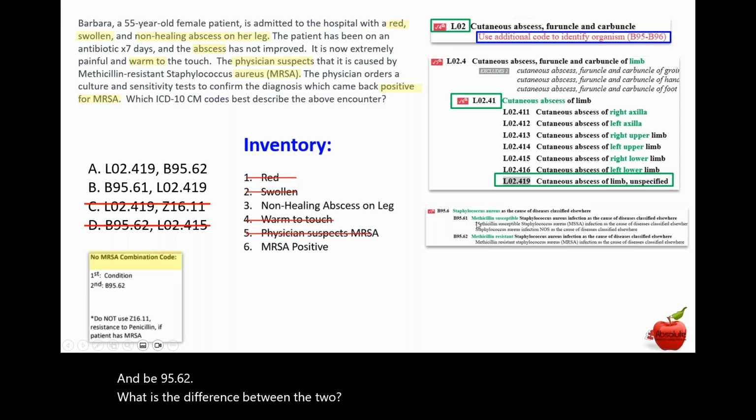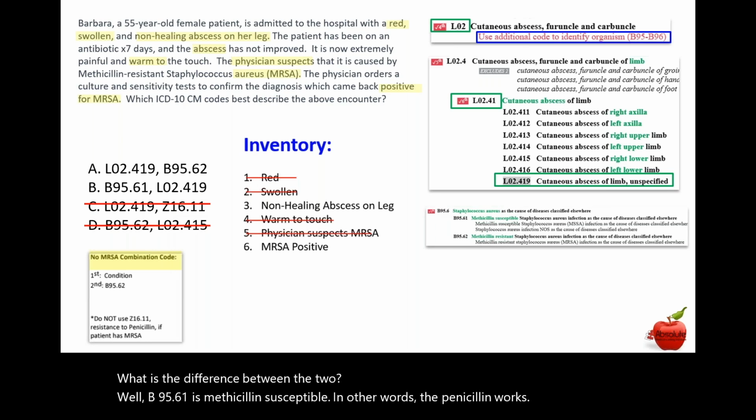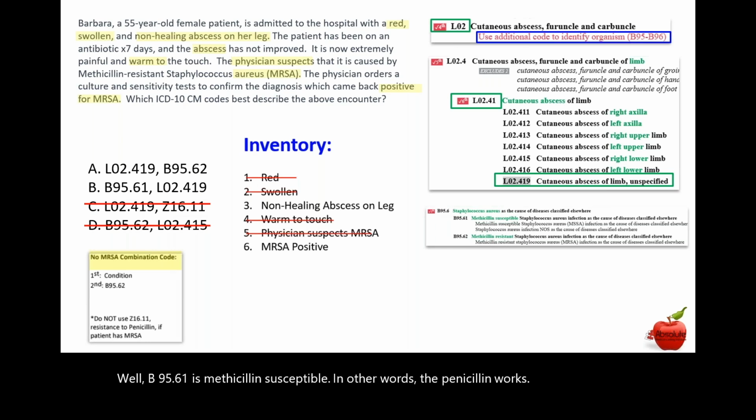Well, B95.61 is methicillin susceptible. In other words, the penicillin works when it's susceptible, and it doesn't work when it's resistant, right?